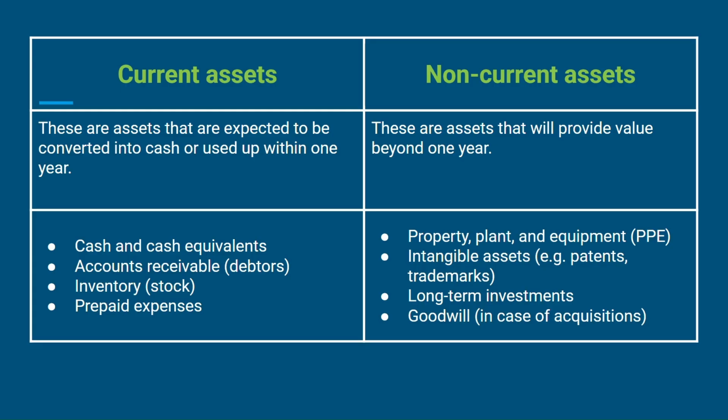Now, there are two types of assets. There are current assets and non-current assets. Current assets are usually anything that the business owns and you can easily convert into cash within 1 year, right? So things like cash or any cash equivalents, and accounts receivable, meaning people who buy stuff from us on credit, right?